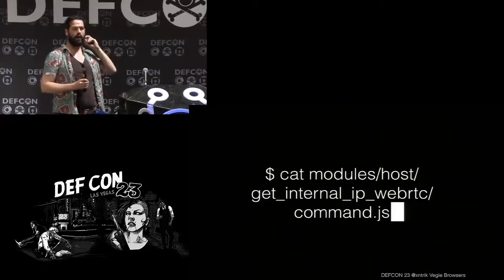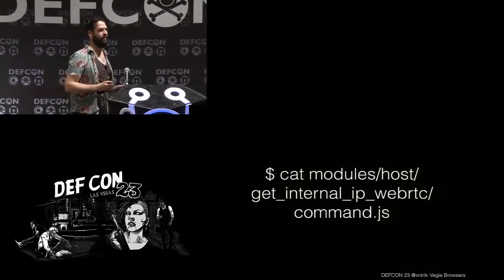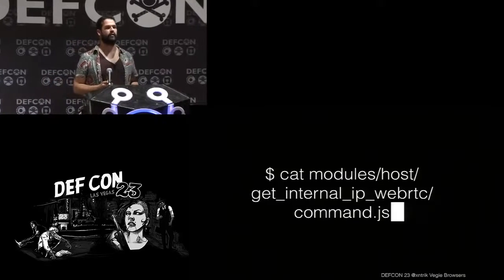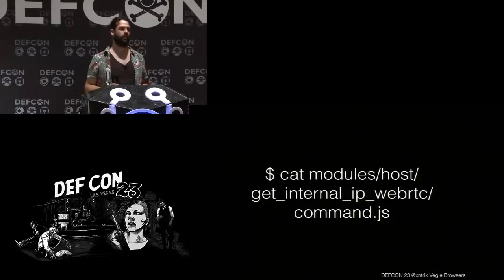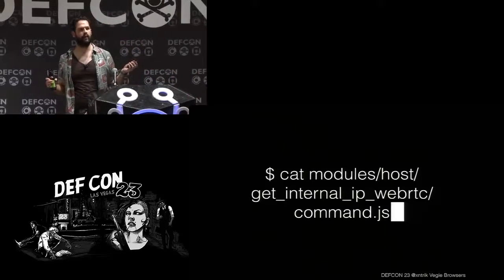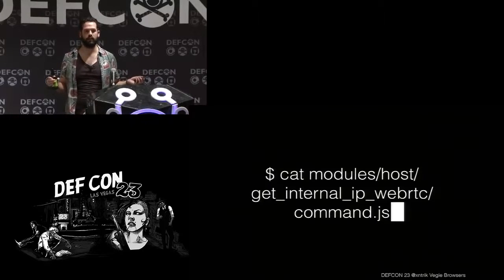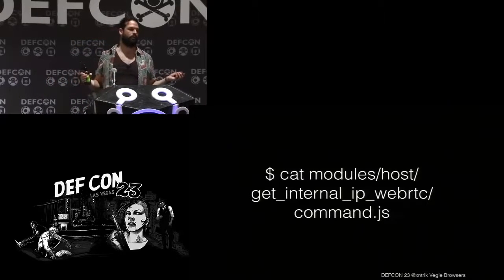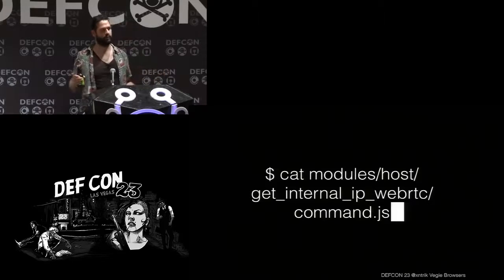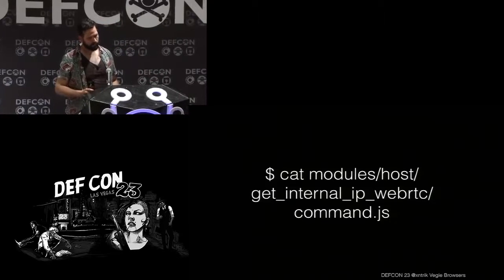Firefox and Chrome have WebRTC enabled by default. In case you didn't know, I think the New York Times were just pinged on it recently. They were using this technology to find internal IP addresses of LANs in organizations. It's on by default, so go the internet.